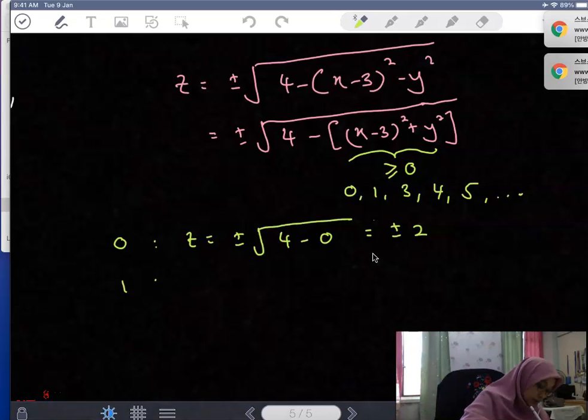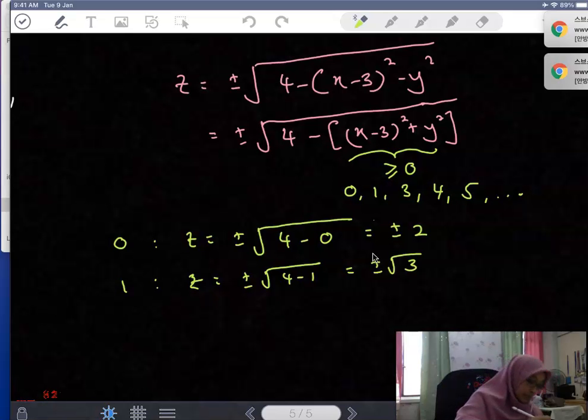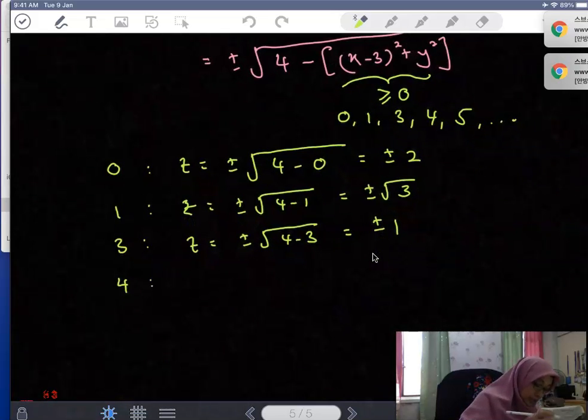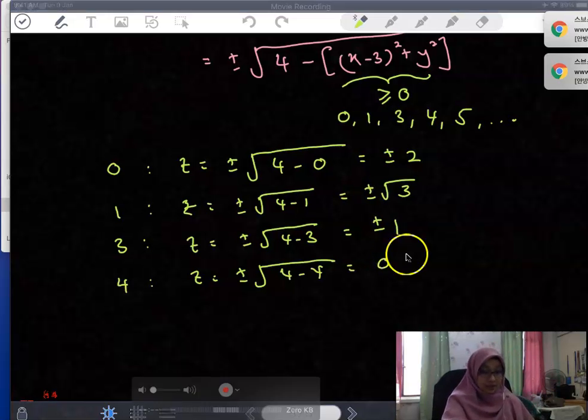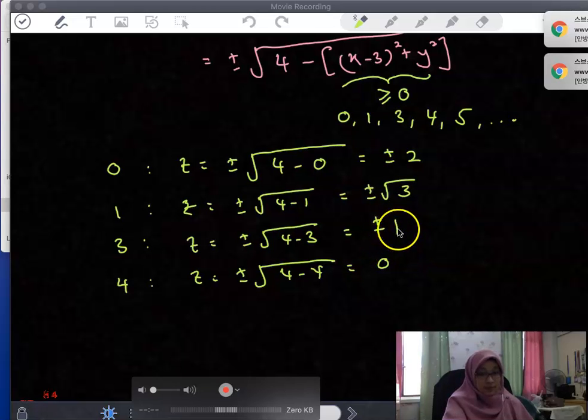If we replace it with 1, z is plus or minus the square root of 4 minus 1, so plus or minus square root of 3. Then put 3, and z is plus or minus the square root of 4 minus 3, and we get plus or minus 1. When we put 4, z is plus or minus the square root of 4 minus 4, and we get 0. So you can see z can be 0, positive, or negative.